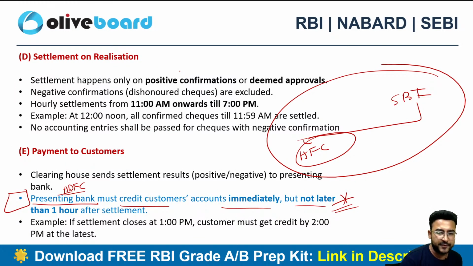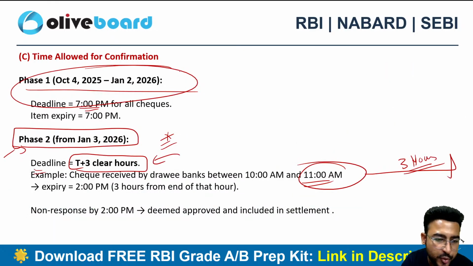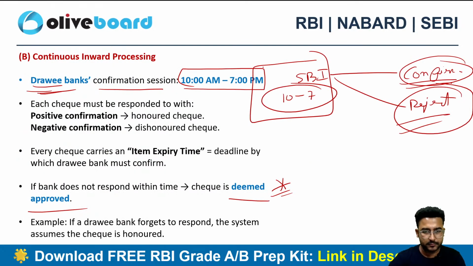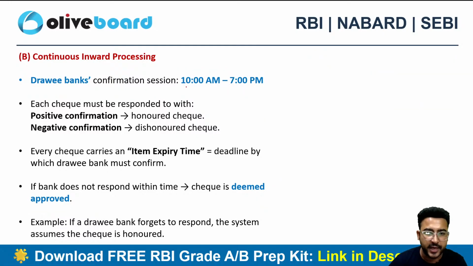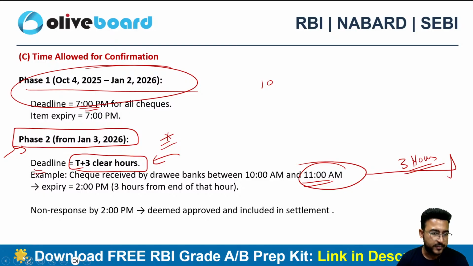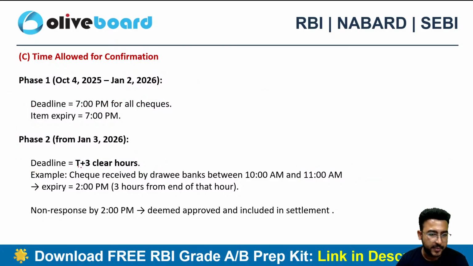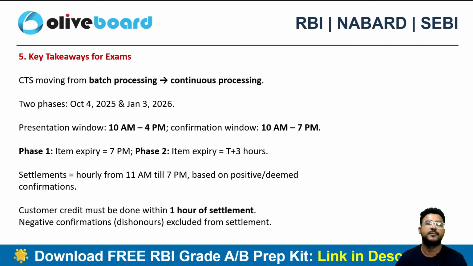The 1 hour time frame, definitely it is applicable for both the phases. It's just that the timelines are changed. Here the drawee bank is having the timeline of 10 to 7, whereas in phase 2 it will be T plus 3 hours. That's what the major difference is.